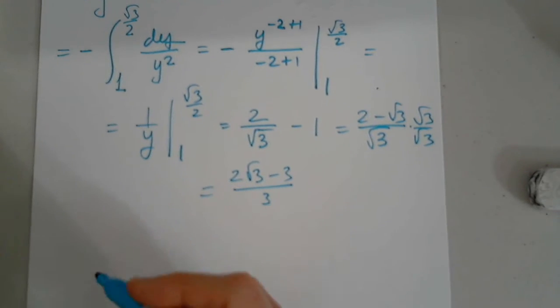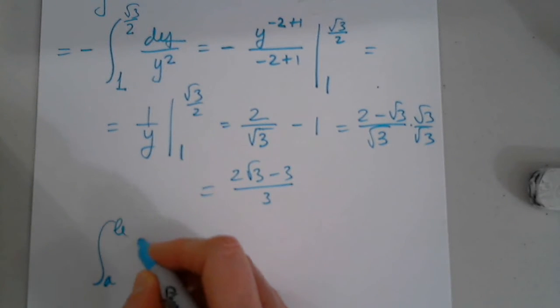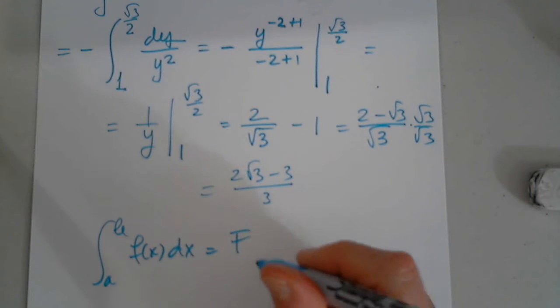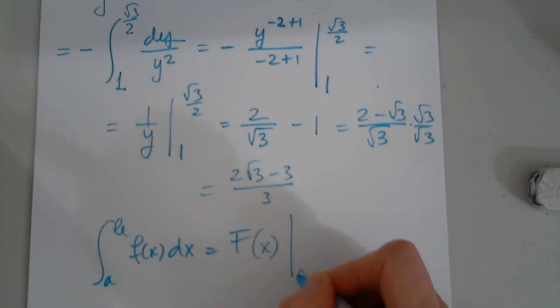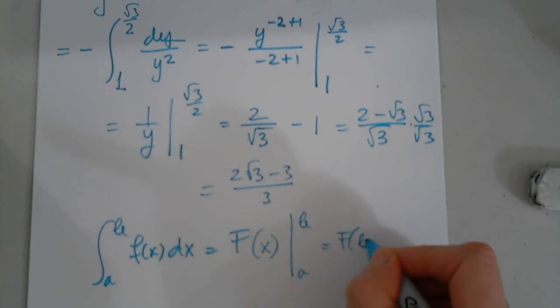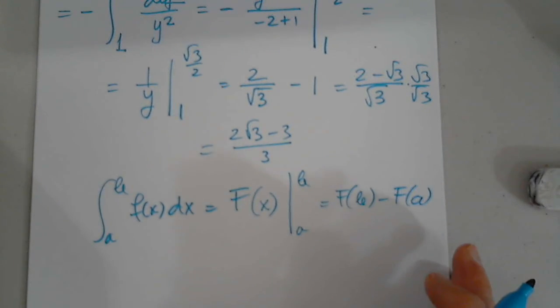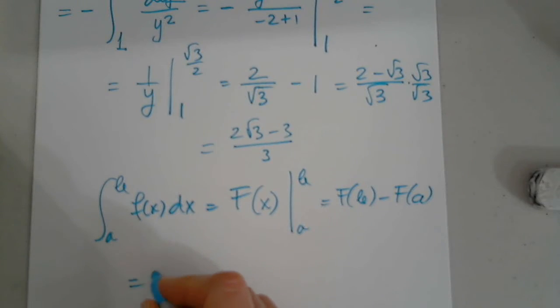Right. So the fundamental theorem of calculus says the integral is the antiderivative evaluated from a to b, which is f of b minus f of a. You could ask what happens to the constant. Let me show what happens to the constant.